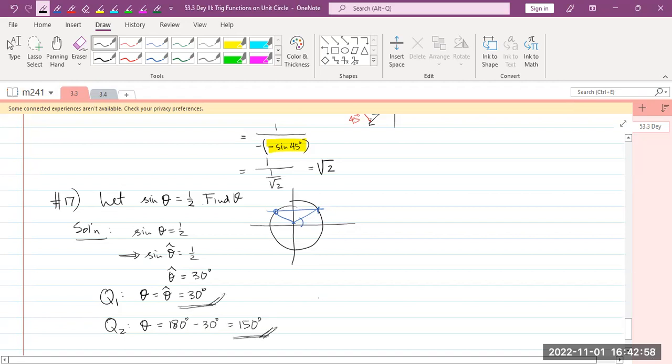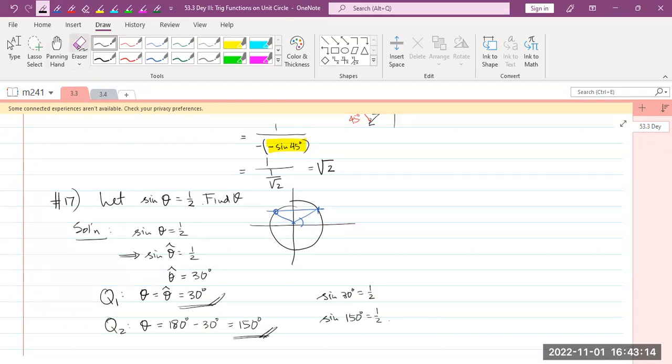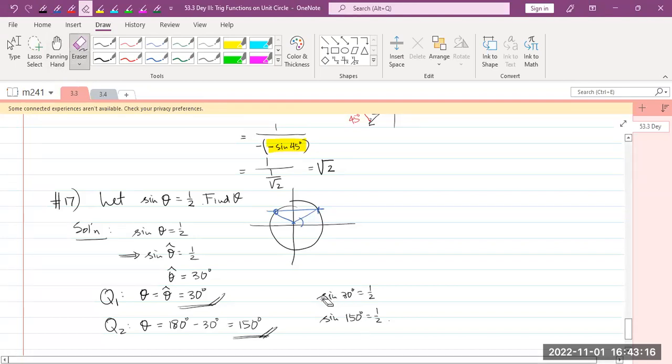In other words, sine 30 degrees equals 1/2, but sine 150 degrees is also 1/2. Now, if you use a calculator and just apply sine inverse of 1/2, you will get 30 degrees only. Okay, that's why don't use sine inverse directly.